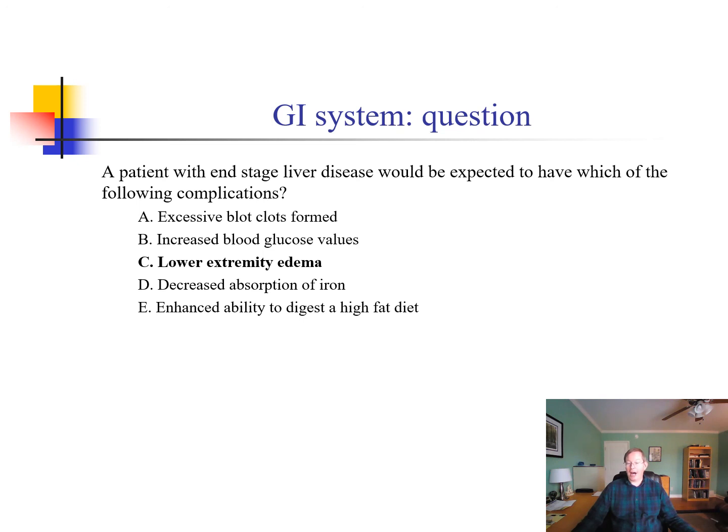And a high fat meal and enhanced ability would not be the case because you're making bile and other things to emulsify those fats in the liver. If you're not making them because you have end-stage liver disease, you're not going to have an enhancement in that ability. So I hope this has given you an overview of the gastrointestinal system with some of the details.